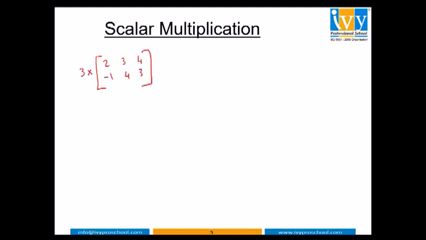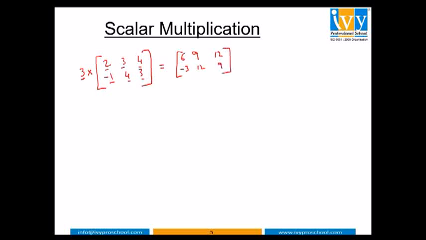So this will result in this number getting multiplied to each of these numbers. So this will give me 3 cross 2 equals 6, 3 cross 3 equals 9, and then 12, minus 3, 12, and 9. So this will be the resultant.